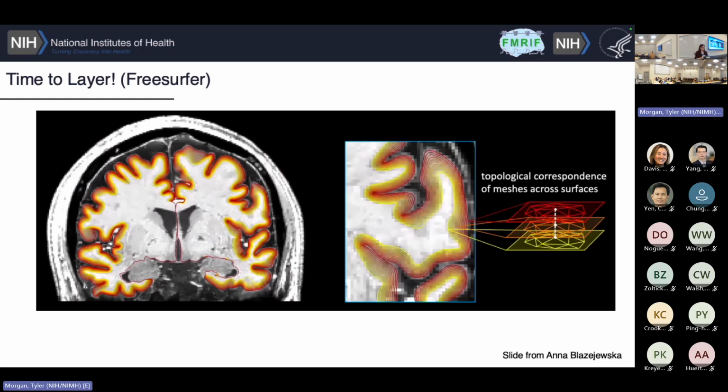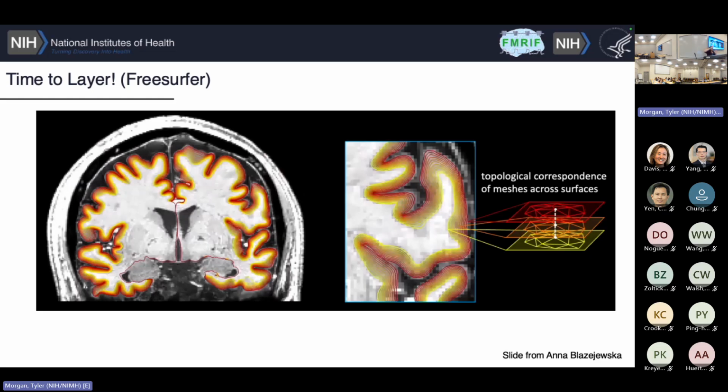But in the case of cortical layers, you can add on an extra step, which is that it's basically going to find not just one surface, but it's going to create a whole bunch of surfaces in between the surface of the gray matter and the gray matter white matter surface. And the nice thing about this is because it's based on meshes, basically what they're doing is they're taking the exact same vertices and they're just moving them in a straight line that is perpendicular from the surface itself.